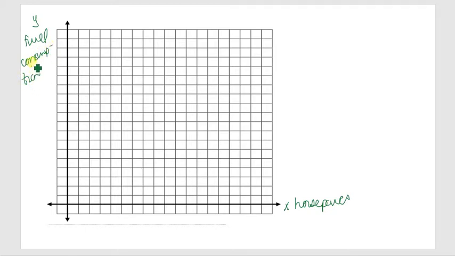Our X has to go up to almost 300, so let's go 50, 100, 150, 200, 250, 300. And our fuel consumption is just going to go up to 24, so let's go 4, 8, 12, 16, 20, 24.